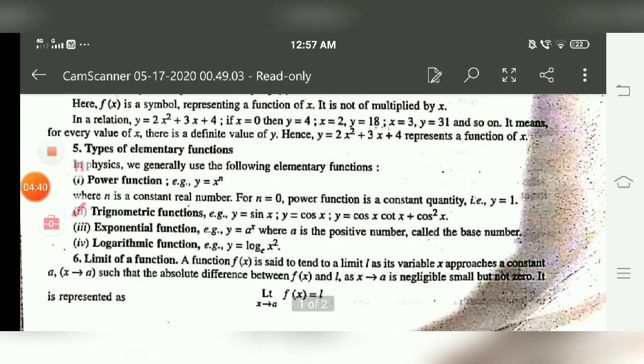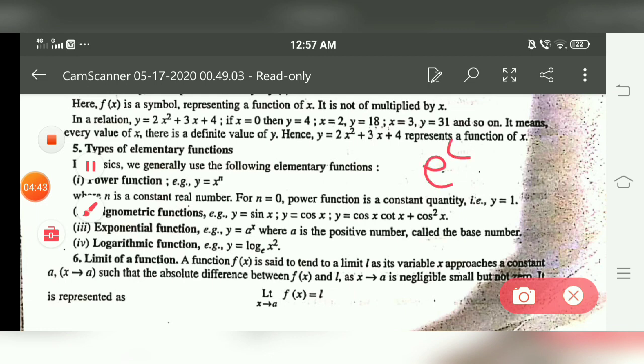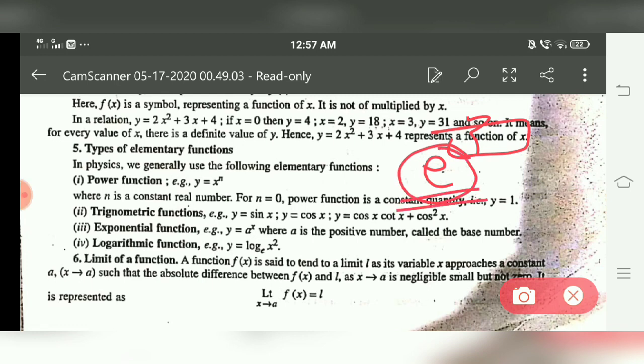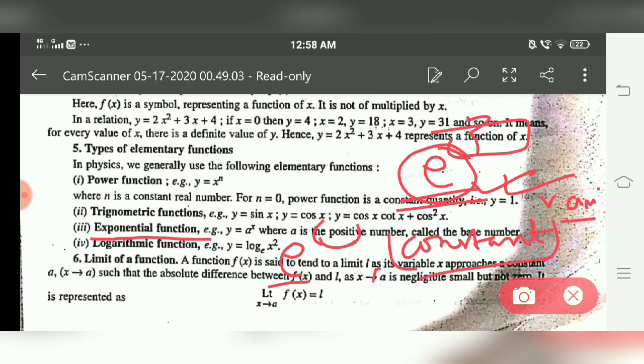Exponential function. Exponential means e raised to power something. This e has some particular value in mathematics, and it has a particular formula that we had already discussed. If we have e raised to power something, that's called exponential function.